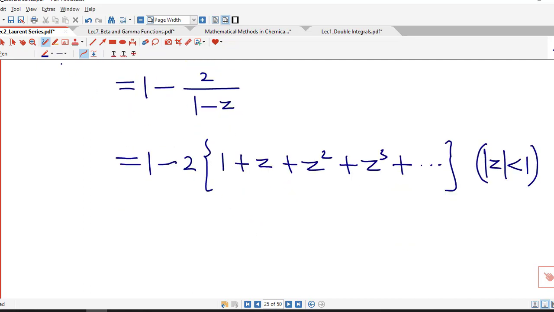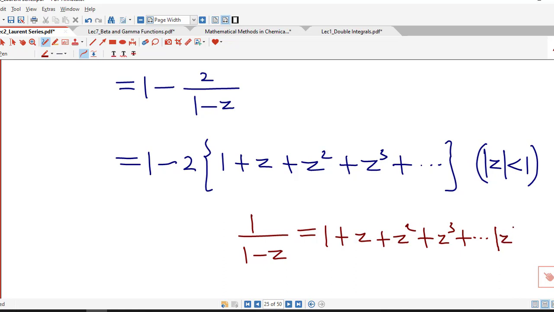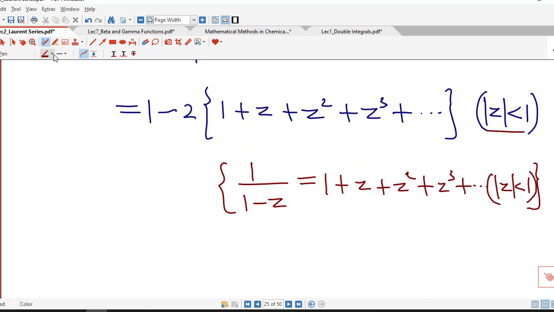So we are using that standard Maclaurin series expansion of 1 over 1 minus z, which is 1 plus z square plus z cube, and this is valid in the open disk mod z less than 1. And we have discussed that our function is analytic in the open disk mod z less than 1. So we can use this standard Maclaurin series expansion.